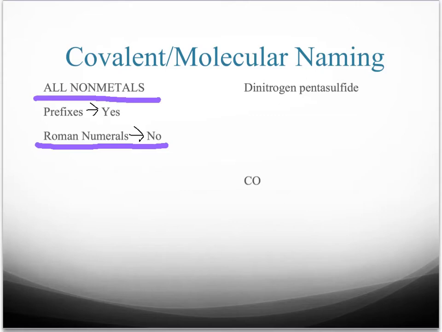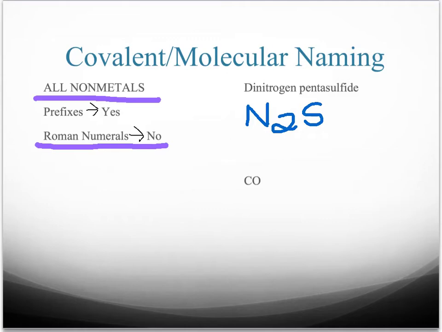Okay, so our first example, we have dinitrogen pentasulfide. This is where knowing your prefixes comes in. So we know that nitrogen is, of course, N. If it's di, the prefix for di is 2. So that would be 2 nitrogens. And then we know sulfide is just an S. Penta is 5.